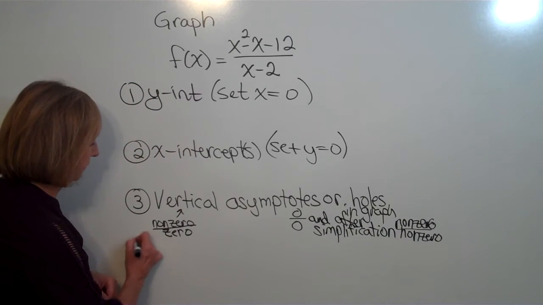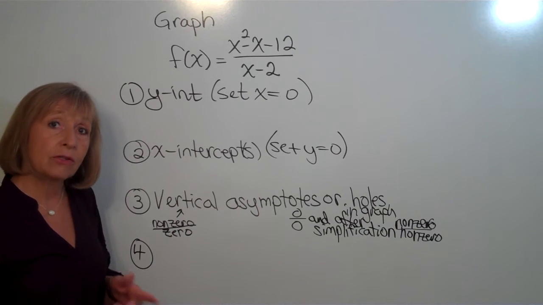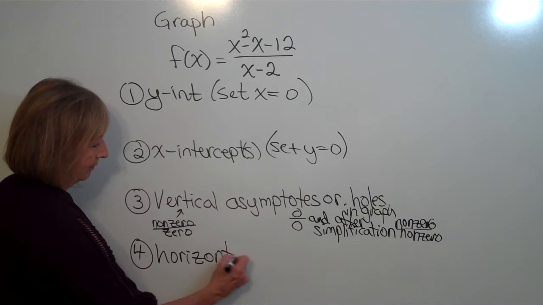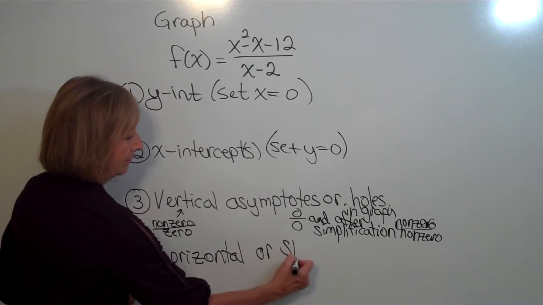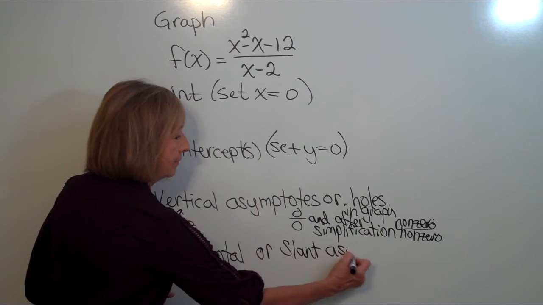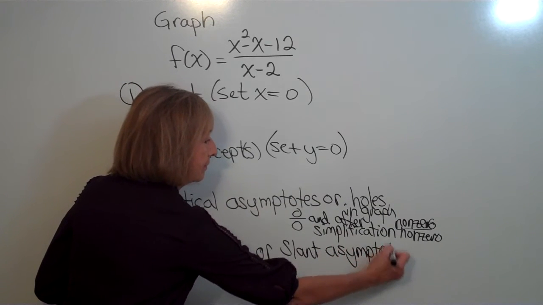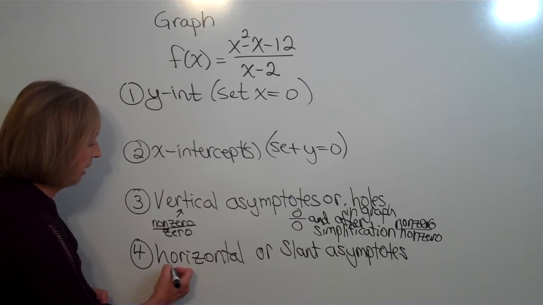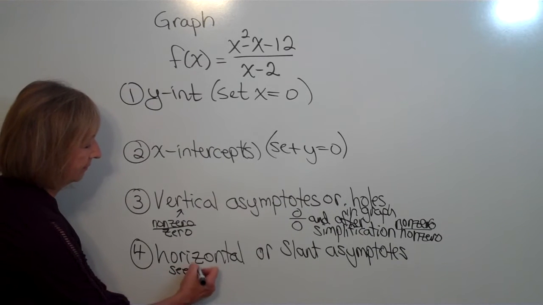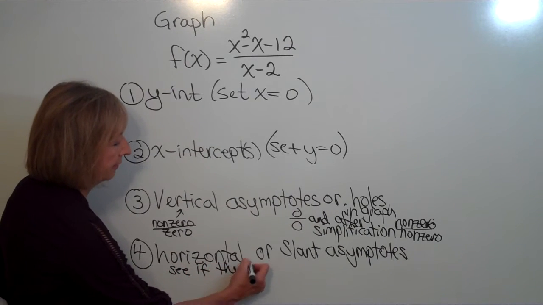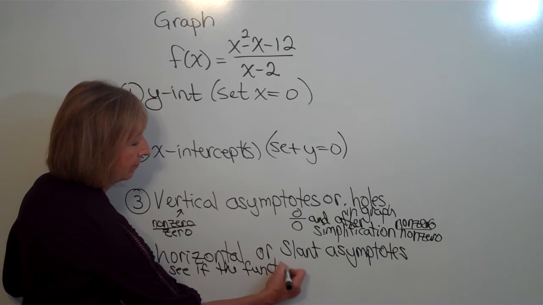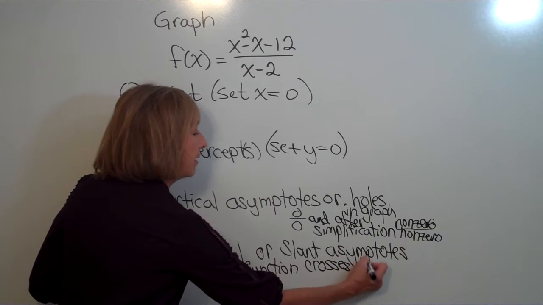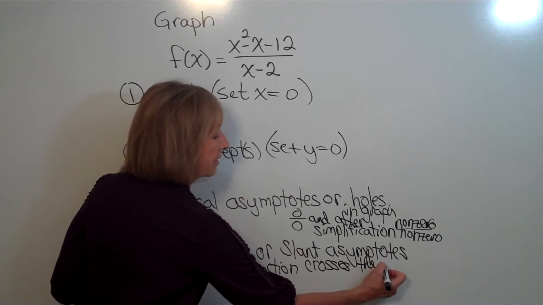Now step 4 is to find your horizontal or slant asymptotes. And when I'm looking at whether I have horizontal or slant asymptotes, I also want to see if the function crosses the horizontal or slant asymptote.